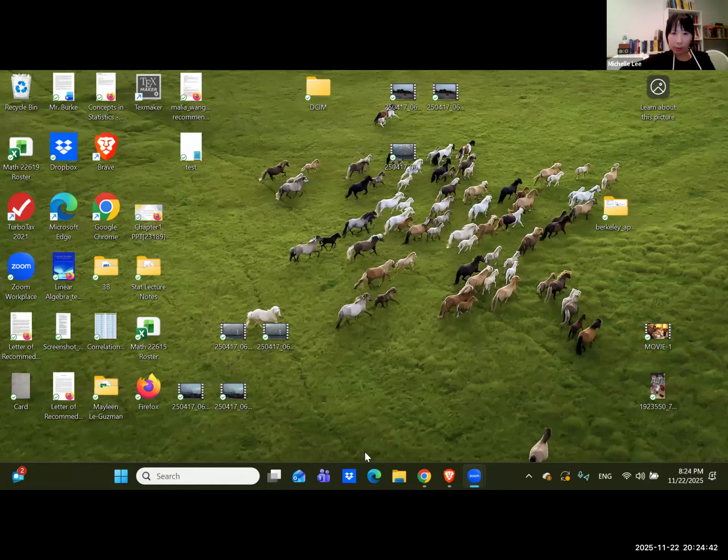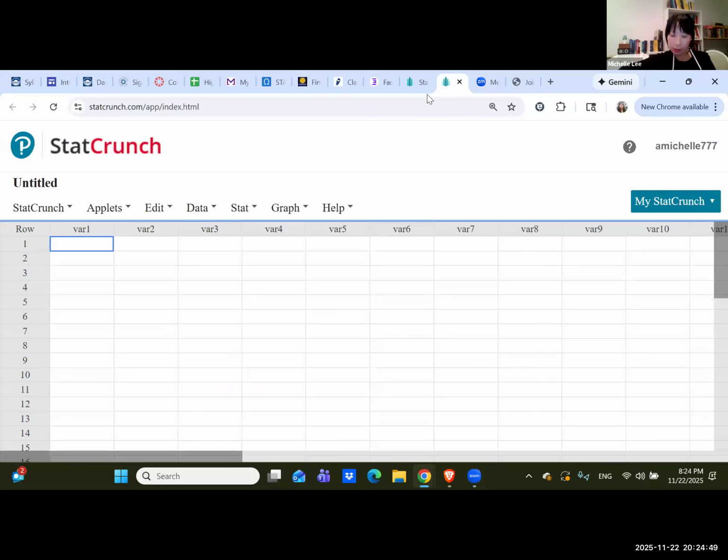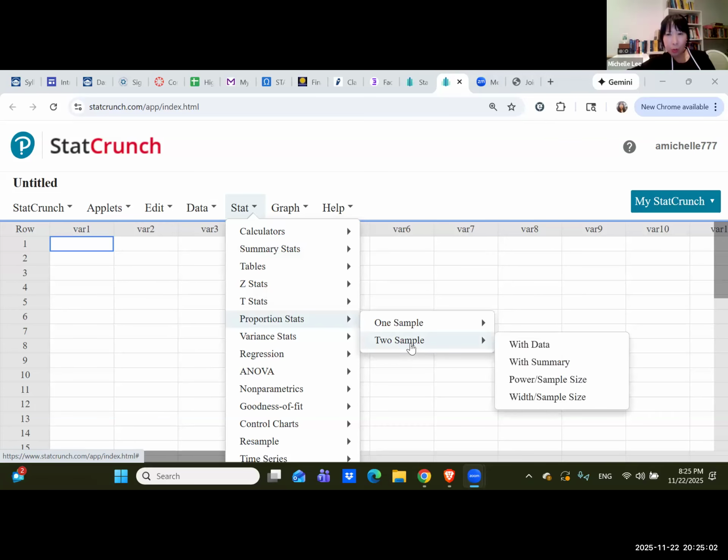All right, so what we are doing, StatCrunch, right? So go to Stat, Proportion Stats, and we are using Two Sample this time, with Summary.